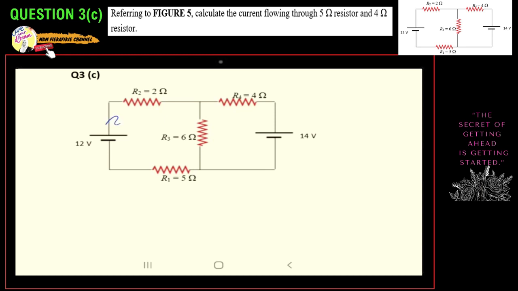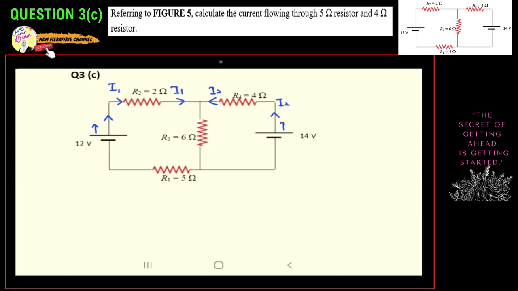As we know, current from the battery should flow from the positive terminal, right? So I will write this as I1. So this should be I1. For the second loop, since the second loop has 1 battery only and the first loop also has 1 battery, the current flows from the positive terminal, so I will label this as I2.